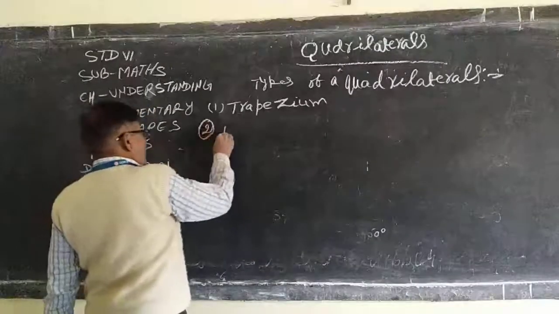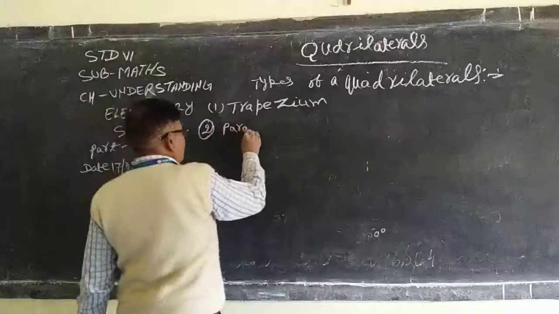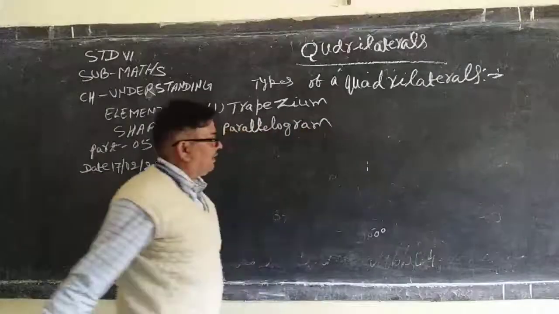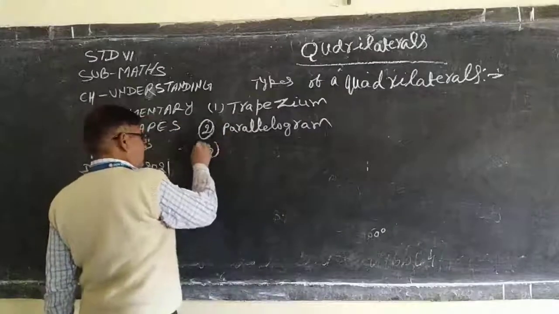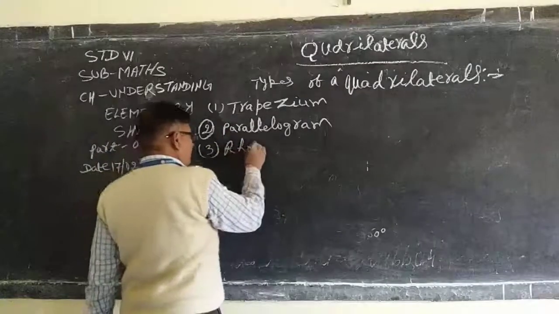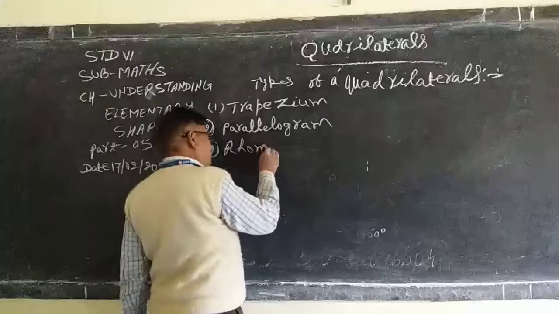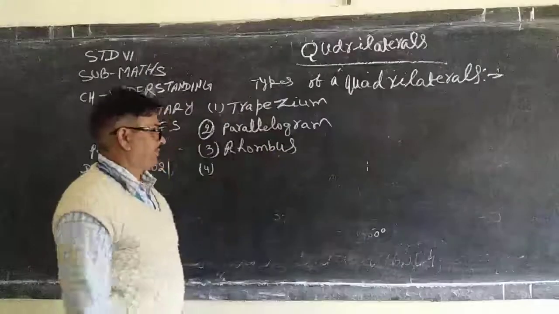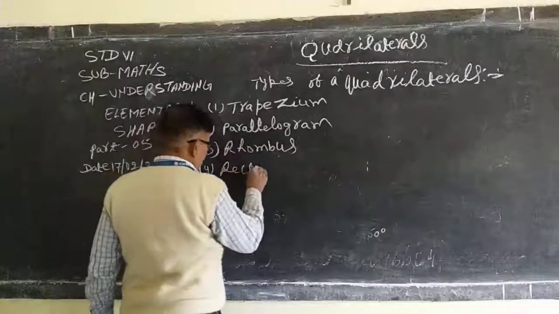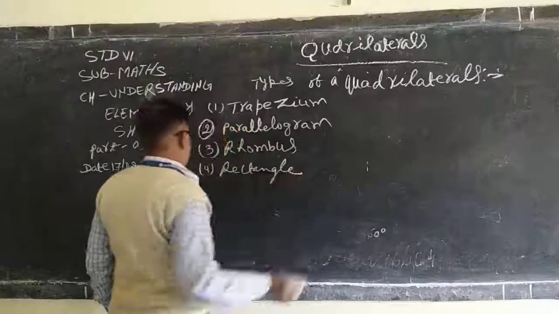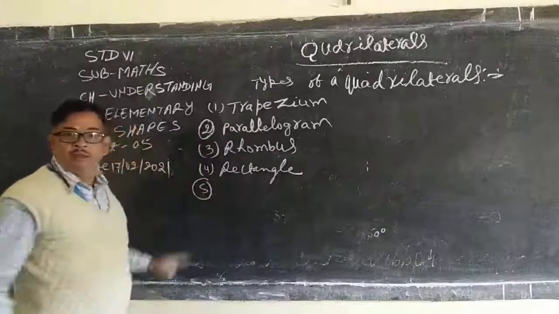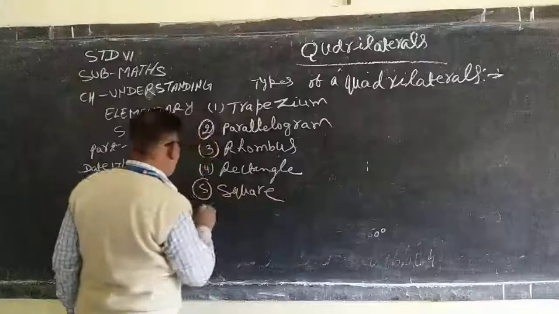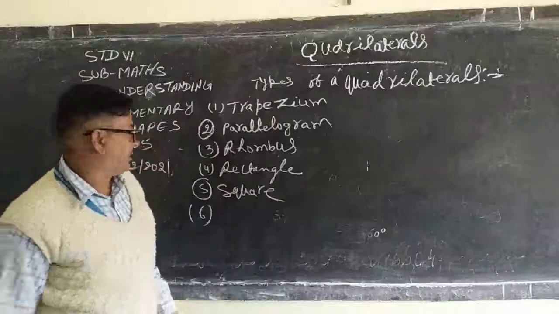Second, parallelogram. Third, rhombus. Fourth, rectangle. Fifth, a square. And sixth, kite.